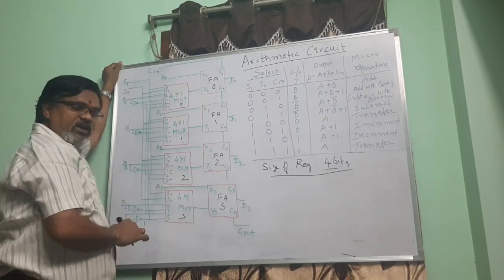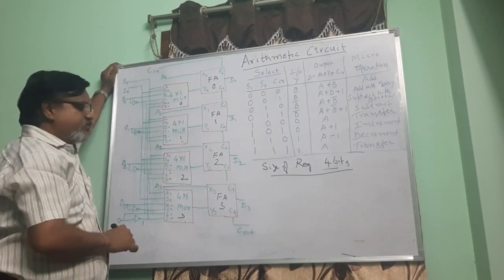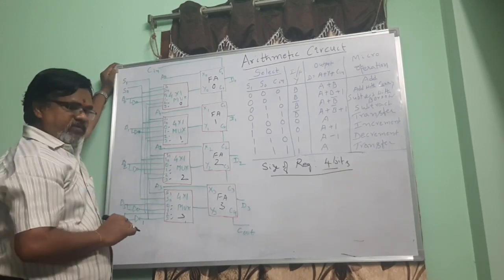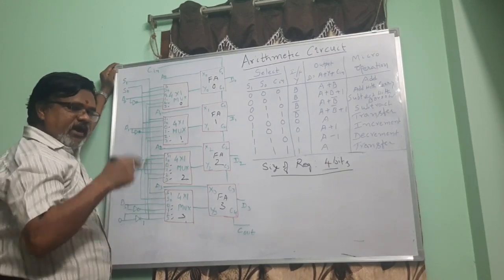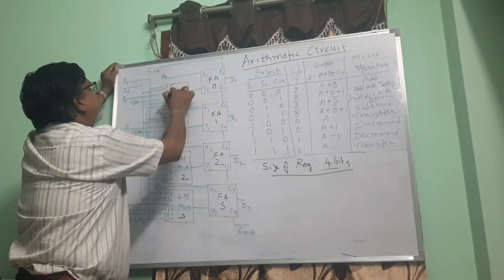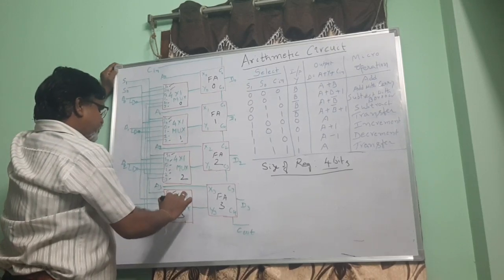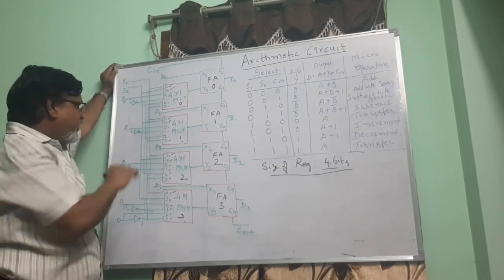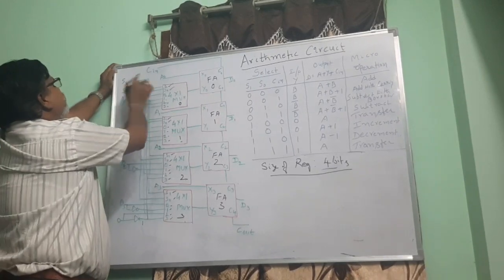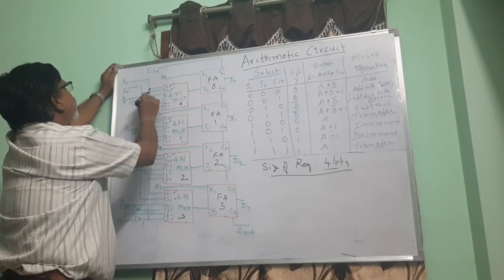4 lines are there for each multiplexer. Okay, 0, 1, 2, 3. To select any one of these 4, we need 2 select lines, S1, S0, that are there. S1, S0, S1, S0. Don't get confused while giving the connections. See, S1 is connected, S0 connected.